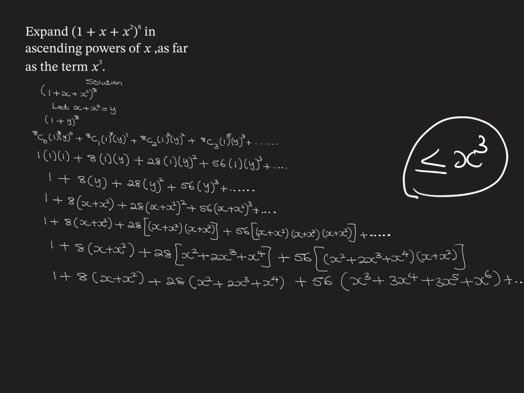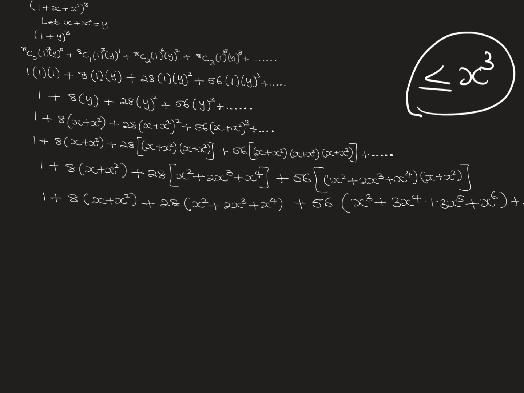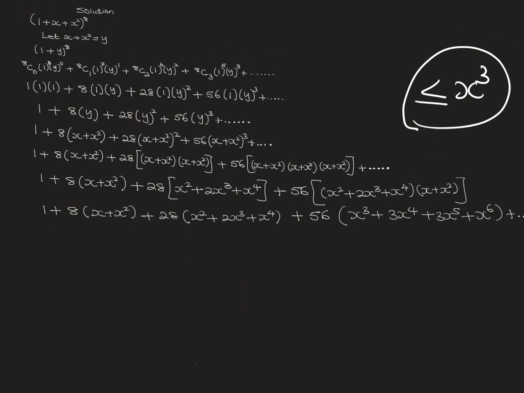So powers beyond x to the power 3 are not needed. All right? That is why even in our first expression, we stopped at y to the power 3. So what we're going to do is eliminate anything that is above the power x to the power 3.